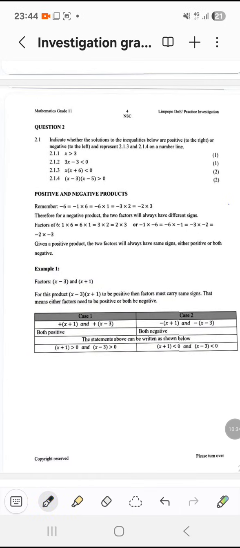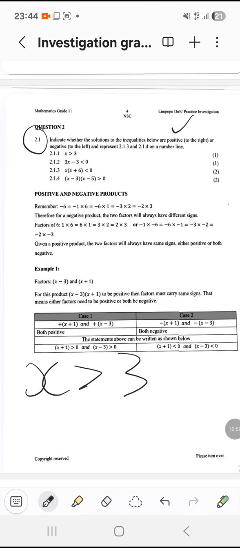Okay, and then 2.1.1. Indicate whether the solution to the inequalities below are positive, which is to the right, or negative, which is to the left. Okay, so we have x greater than 3. What does it mean? So let's represent this on the number line. For 2.1.1, they only want us to write positive or negative.